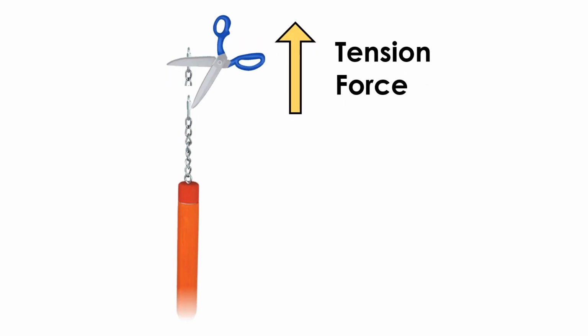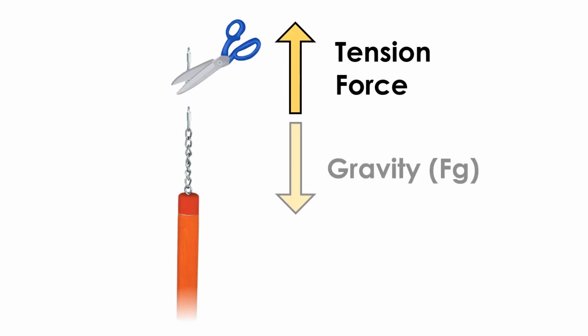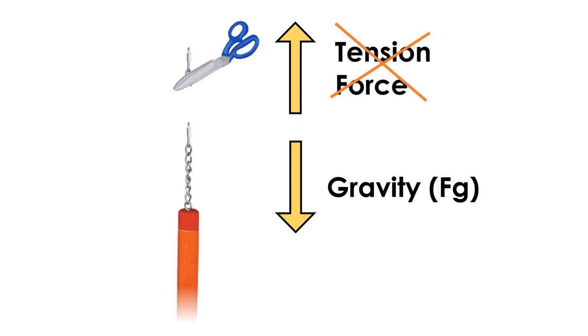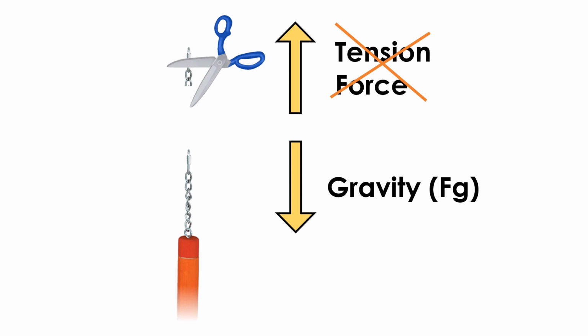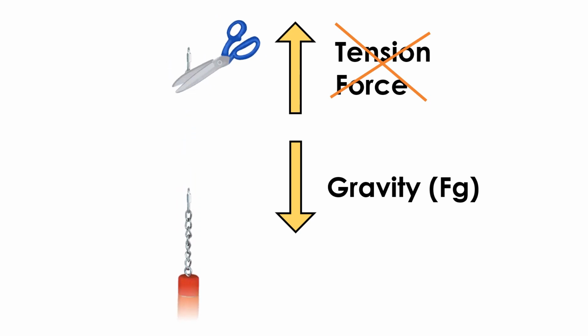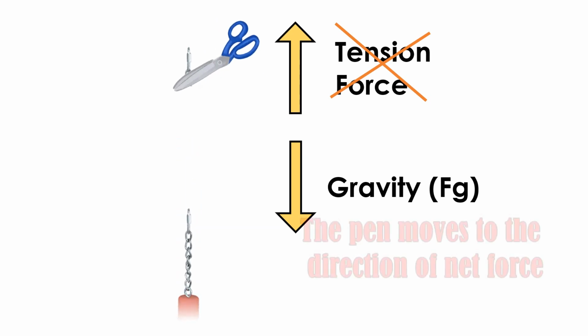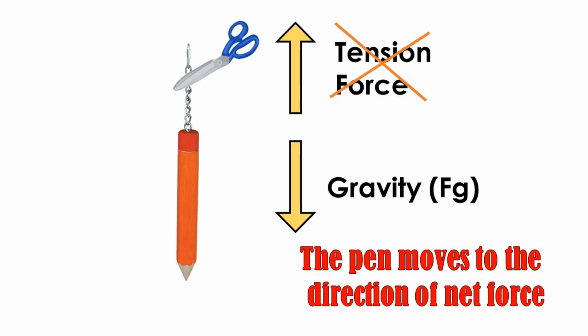The pen falls down because there is no more force acting on it to counteract the pull of gravity. In other words, the forces acting on the object are no longer balanced. If an object initially at rest is under an unbalanced force, it moves in the direction of the unbalanced force.